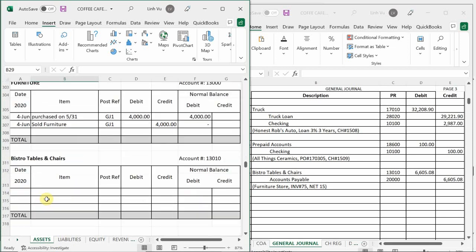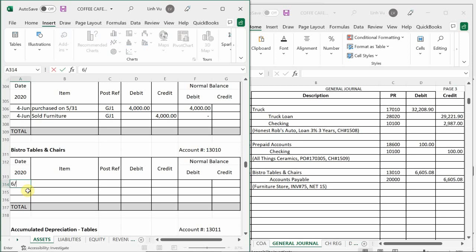You can say 10 sets of one table and chairs at $605 each.